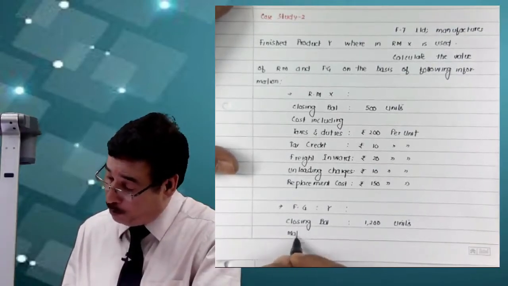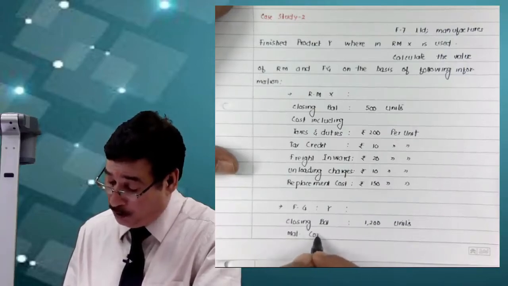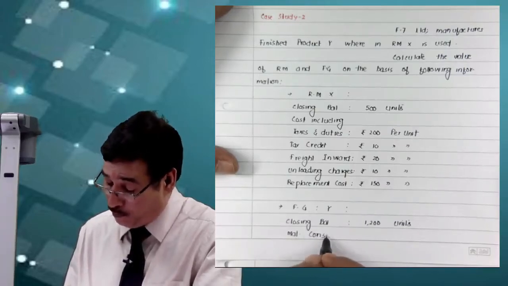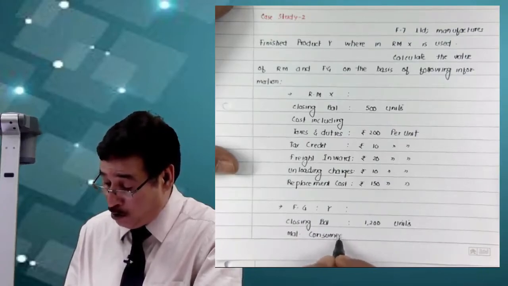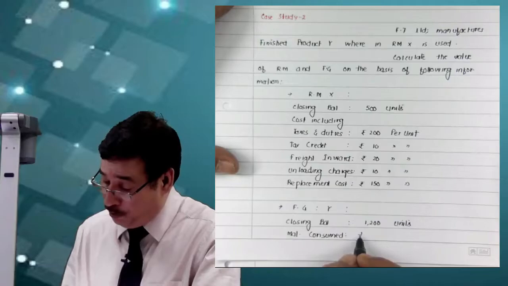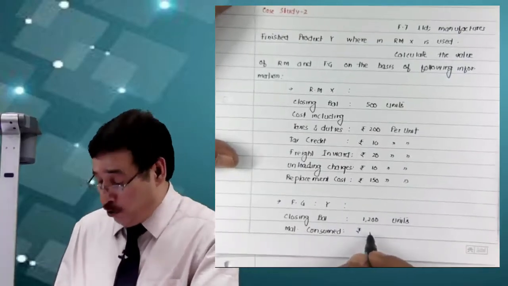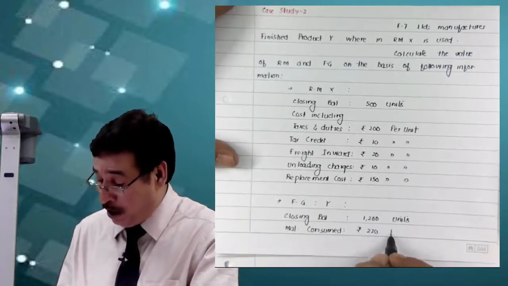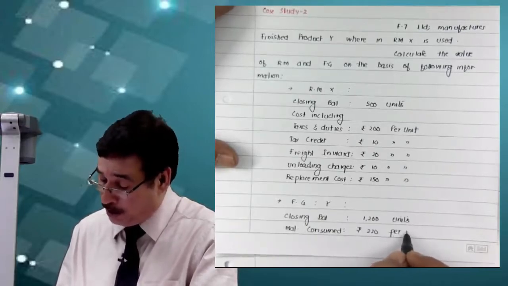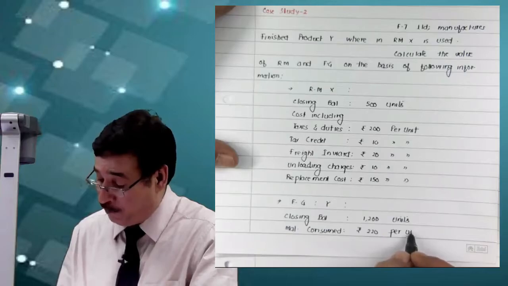Material consumed. That means raw material cost is given to you 220. You want to say, okay, I will write 220. Some students down over here are telling me, sir, write 220. I accept it.